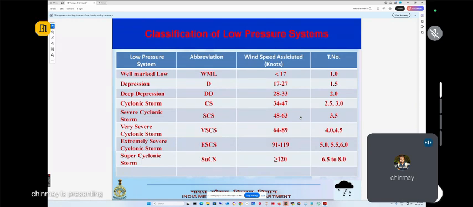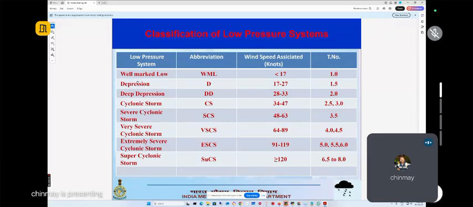You would have seen this table, or you would have heard these nomenclature names like well marked low, depression, cyclonic storm, extremely severe cyclonic storm, etc. This is how the cyclone warning division classifies the cyclone intensity based on the nomenclature given in the first column, and it is associated with wind speeds.